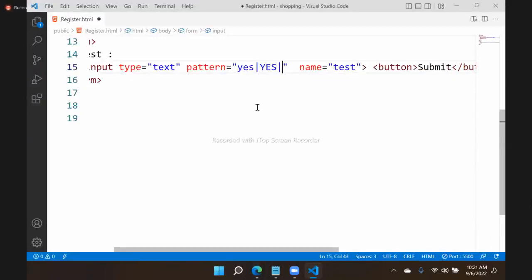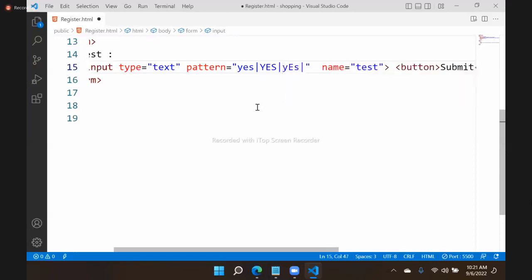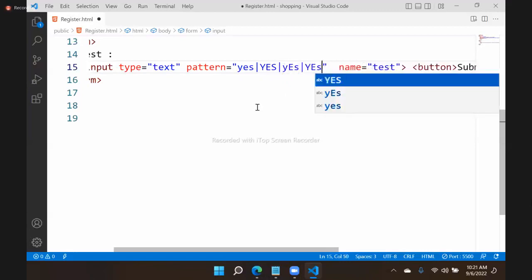The user may enter a different combination, like Yes, or yEs. How many will you write like this? If it is a 5-10 character word, it is very lengthy. You cannot write all combinations because we don't know in which capitalization he will write.